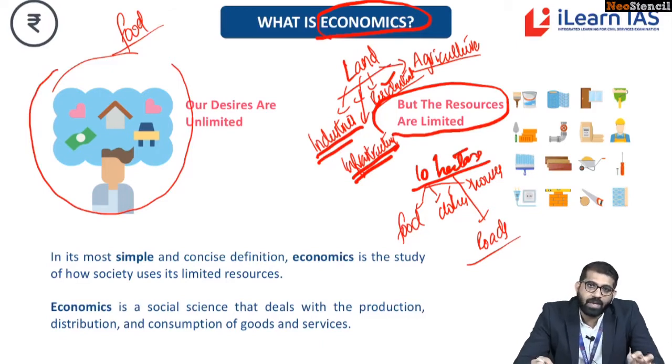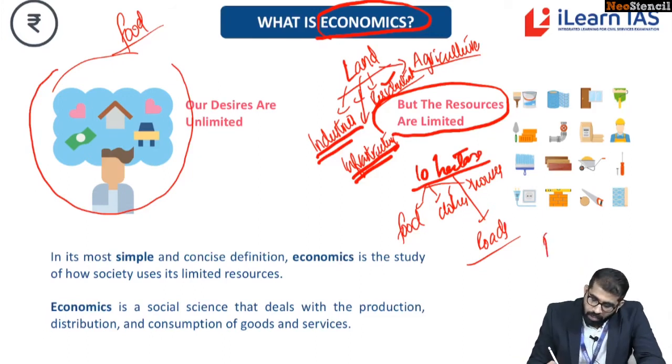How much land do we allocate for agriculture? How much land do we allocate for residential units? How much land do we allocate for starting industries? Because we require all these things and we have to use land there, right? So we have to fix for each and every purpose how much land we are going to allocate. And the decision of allocation will be based on priority.